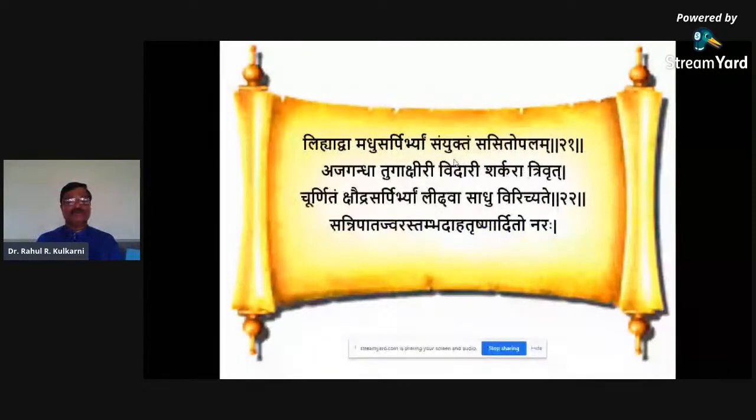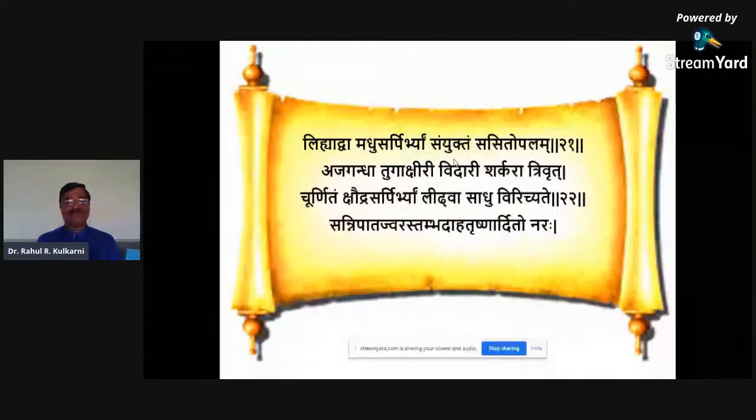Lihad Madhu Sarpibhyam Sanyuktaha Sa Sitopalam. So this Trivrut Churna along with Madhu, Sarpi and twice the quantity of Sitopala is mixed and has to be given for licking. Ajagandha Tugakshiri Vidari Sharkara Trivrut Churnitam Shaudra Sarpibhyam Lidva Sadhu Virechayat.